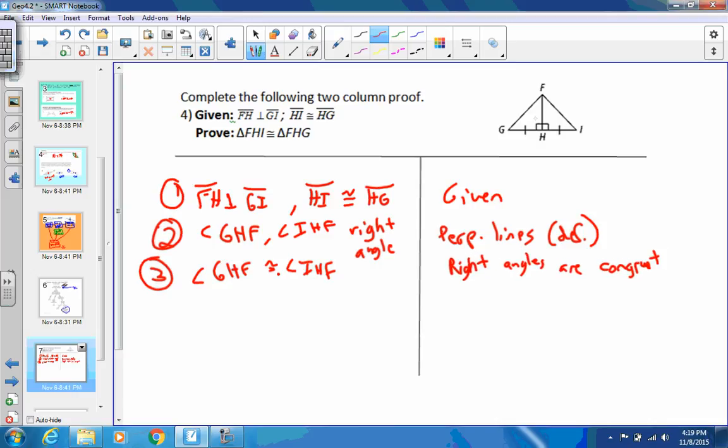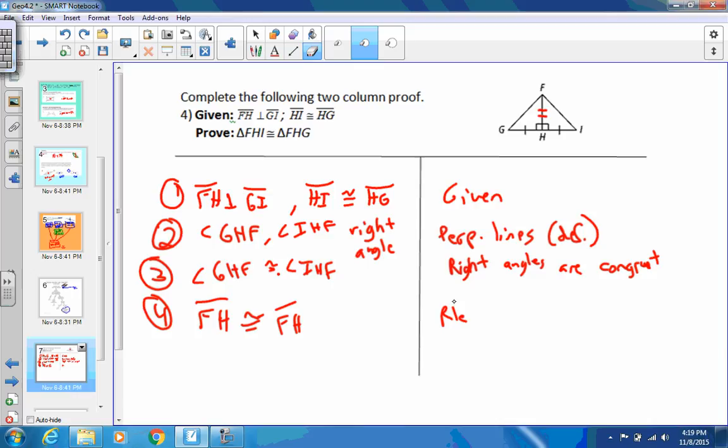So we have that those are congruent. We also have lines that are the same here. So FH is congruent to FH. That is the reflexive property of congruence.